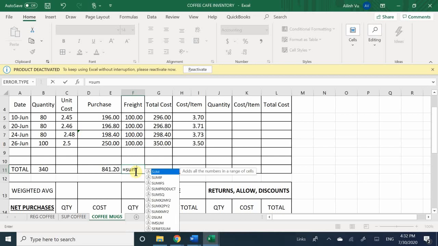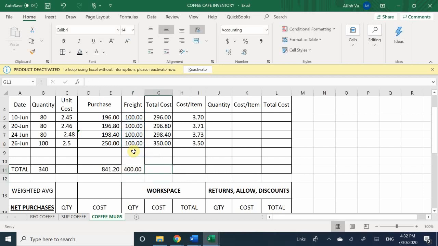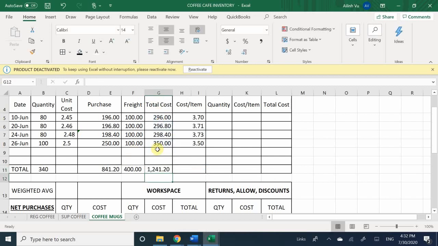Hold on. Cost 400. Wait a minute. So it's $1,641.20. How did you get that number?